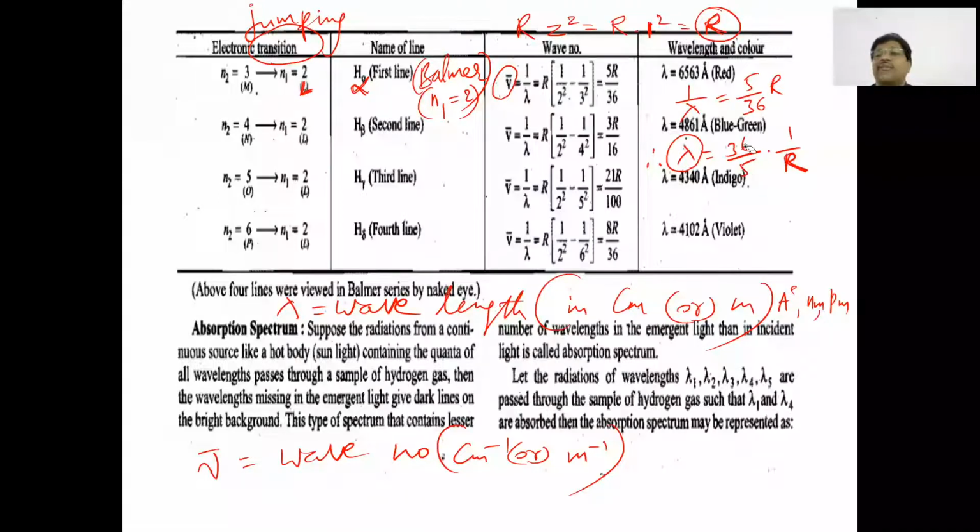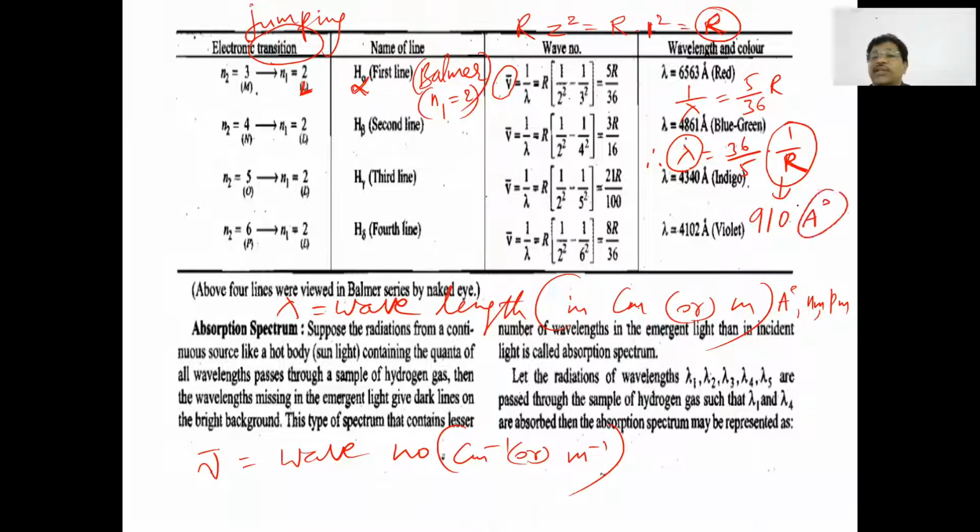36 by 5 means 7 point something here. And this 1 by R value, remember as 910 angstroms. So 36 by 5, approximately 7 point something, into 910 angstroms will be equal to 6563 angstroms. This wavelength value is near to red color.